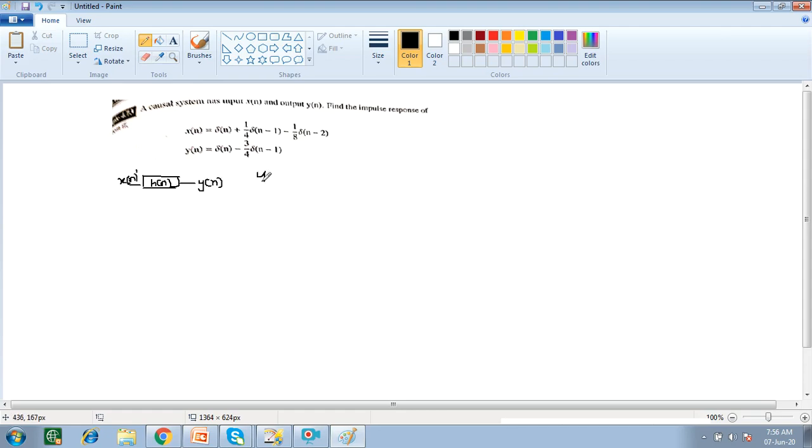So this y of n is given by x of n convolution h of n. So when it is converted to the z domain, it can be written as y of z is equal to x of z into h of z.